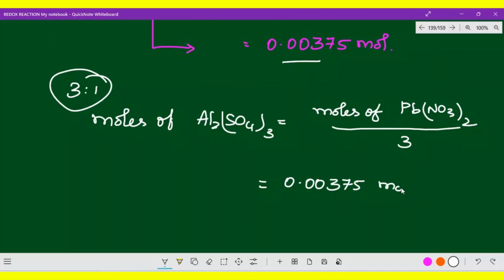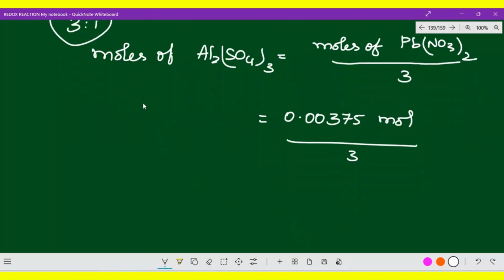What is the answer you will be getting? Moles of Al2(SO4)3: 0.00125. You'll be getting that as moles. So moles of Al2(SO4)3 also you got.